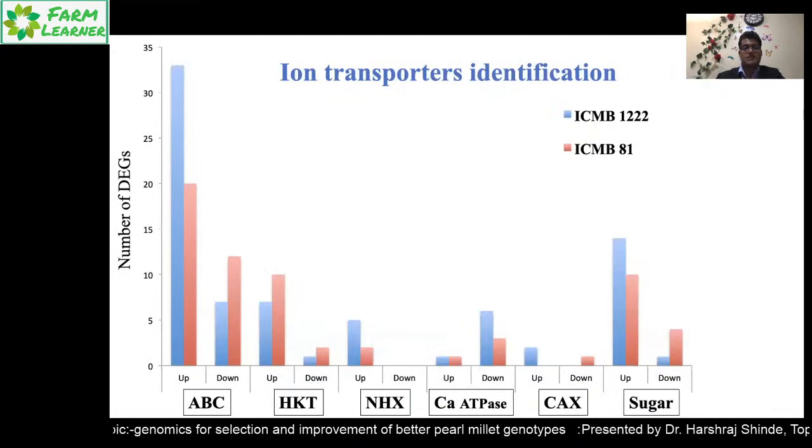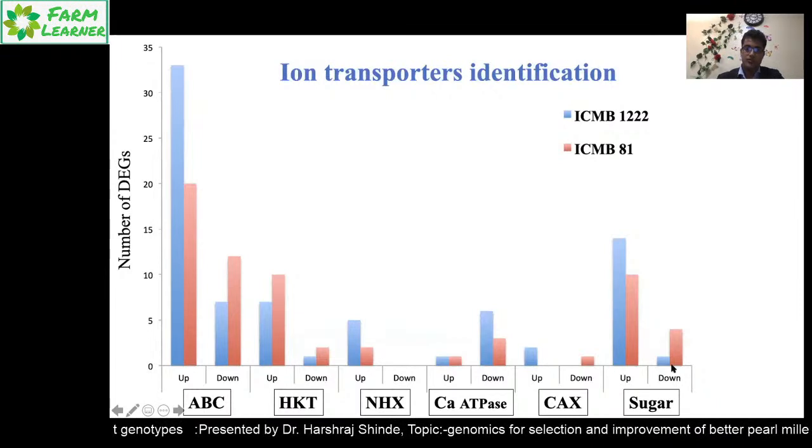After finding the transcription factors, we went for ion transporter identification, because during salinity stress, ion transporters play a key role in ion detoxification. So we found around 6 families of transporters. First one is ABC transporters, which are ATP binding cassette, and high-affinity potassium transporters, sodium hydrogen exchangers, and other transporters also.